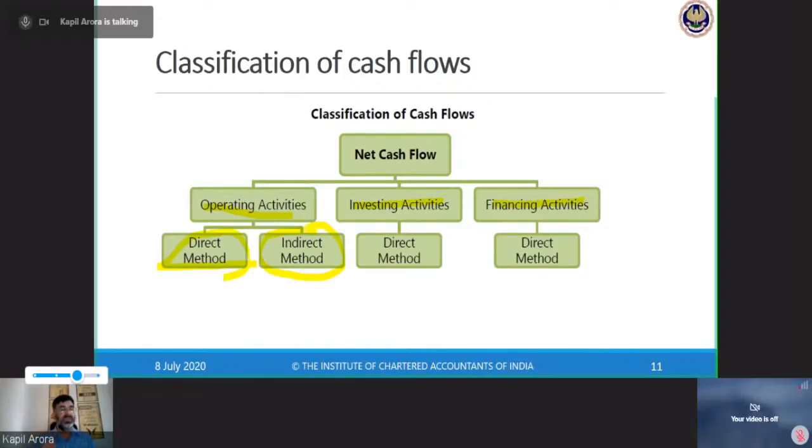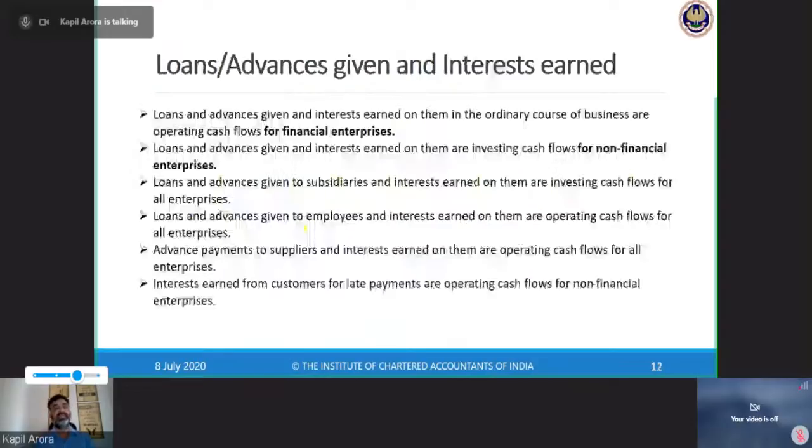The easiest one is the indirect method because you start with the profit and loss account and come to the conclusion of how much cash we have from the operations. Since it is easy, most companies follow the indirect method only. However, for exam purposes, you have to follow whatever has been asked. We will be discussing that later.